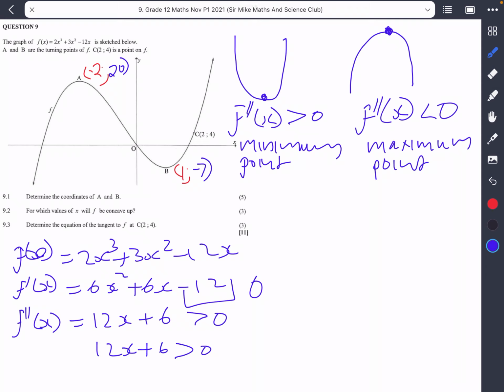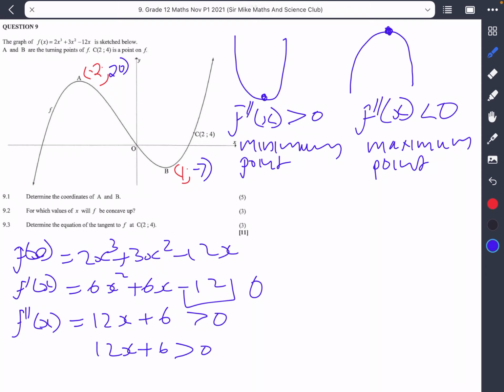Again, I divide by 12 on both sides, so x is greater than negative a half. Your graph is concave up when x is greater than negative a half.